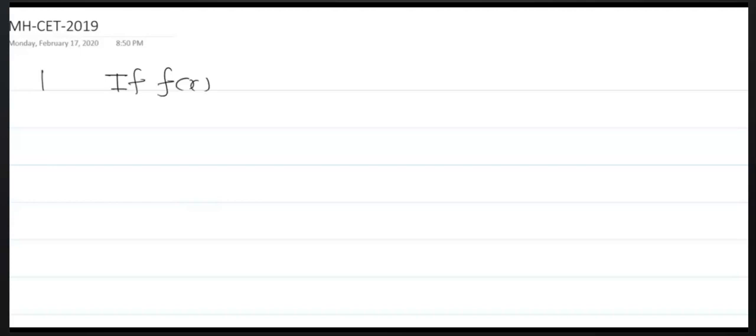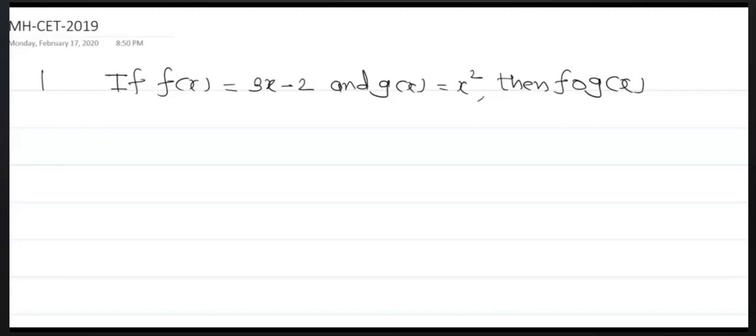The first question. If f of x is equal to 3x minus 2 and g of x is equal to x square, then find f o g of x.